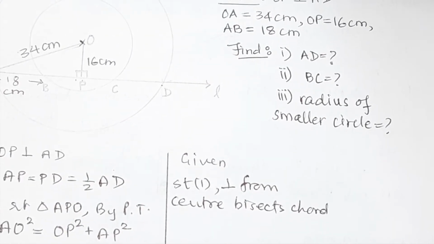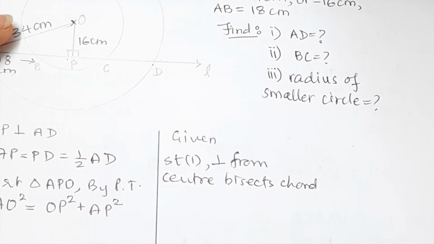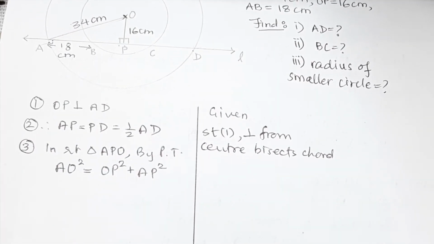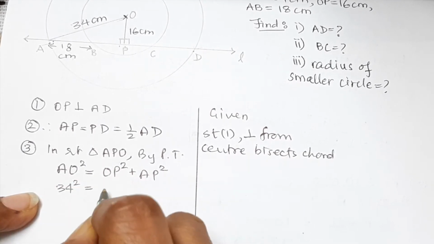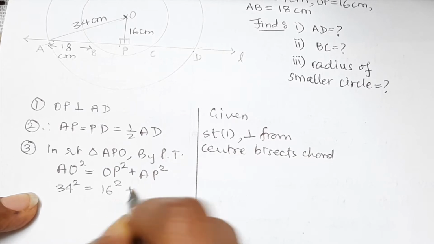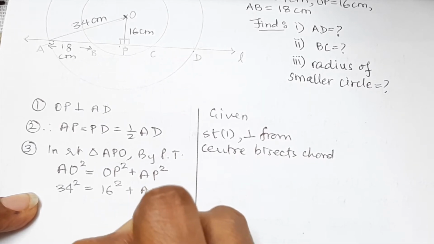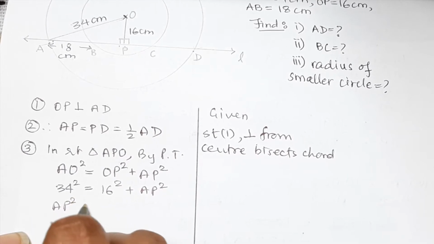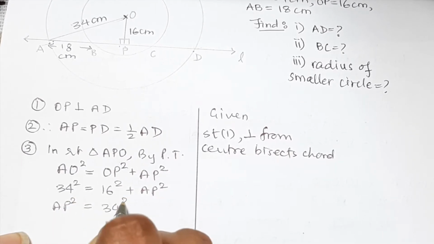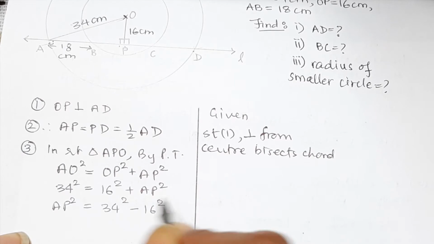What I want you to do is draw the diagram, put it on pause, and then look at the solution, because each time I don't want to move this paper to show you the solution. So we are substituting. AO is 34 square equal to OP is 16 square plus AP square as it is. And so AP square will be equal to 34 square minus 16 square.